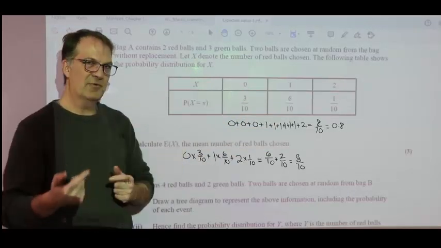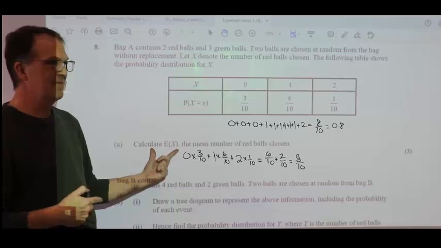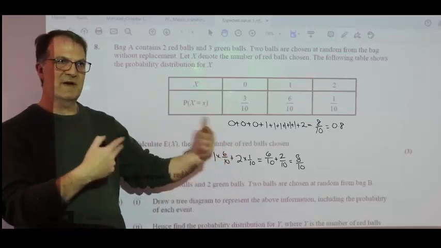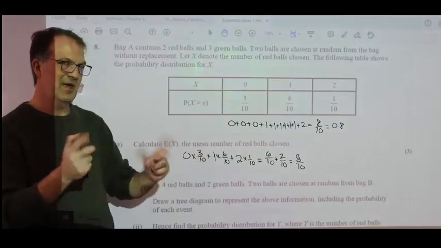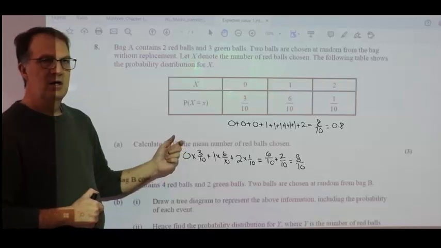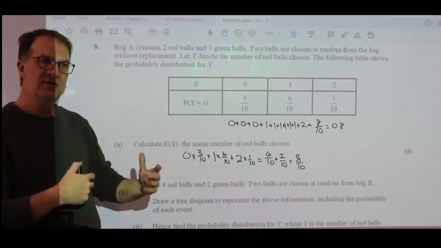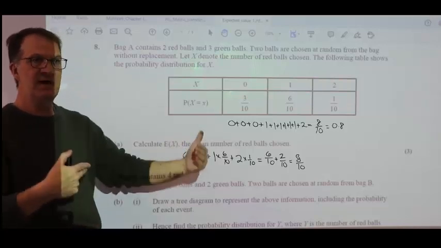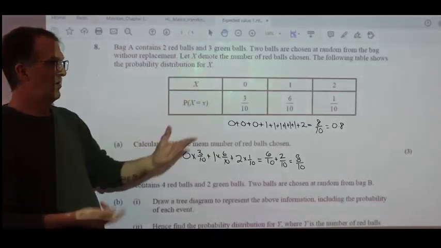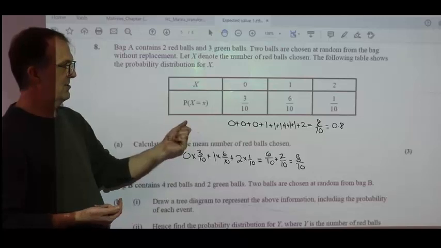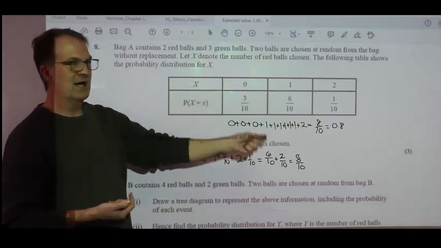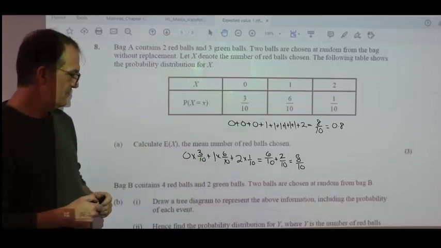So that's where this idea comes from that the expected value is like the mean value, the average value. I know I'm using average to mean mean, but the expected value is essentially the mean value of the experiment. On average, the mean number of times I pulled out a red ball was 8/10.